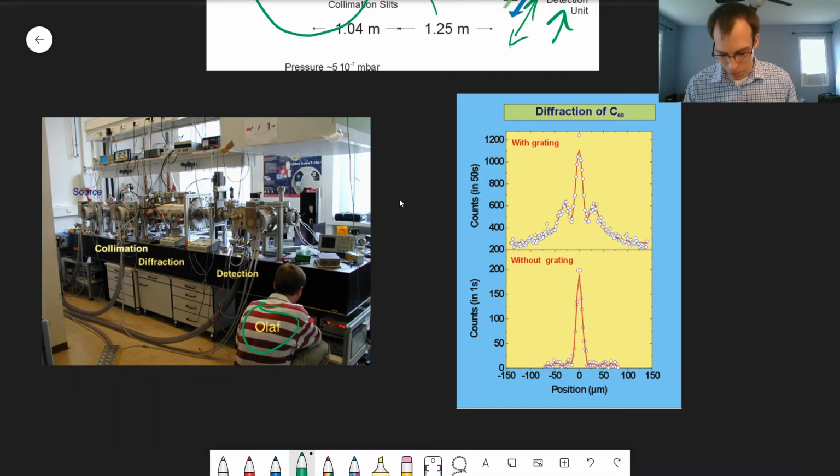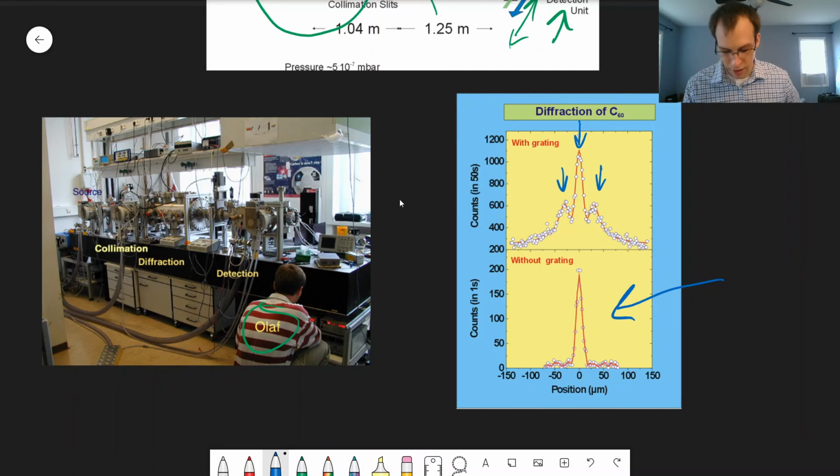And so they showed what you get with and without the grating. Without the grating, if we look at the bottom here, we just see a single peak. That's just all the C60 molecules collimated into a specific beam. They come in at a specific position. And as they move their photoionization stage left and right, they just observe that one peak. But when they do have the diffraction grating present, they observe multiple peaks.